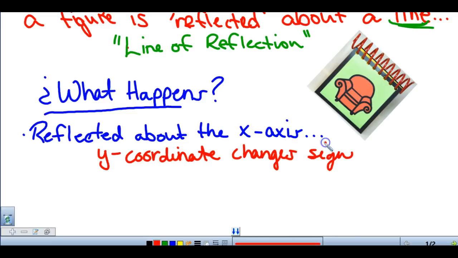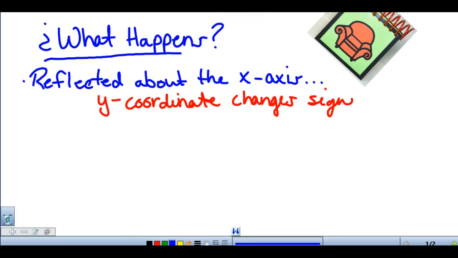So if it's a -2, it becomes a +2. If it's a +4, it becomes a -4. It changes its sign. Now, obviously, 0 is not affected by that because 0 is a neutral number, so there is no sign, it just remains 0, okay?